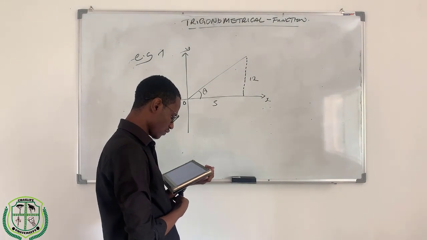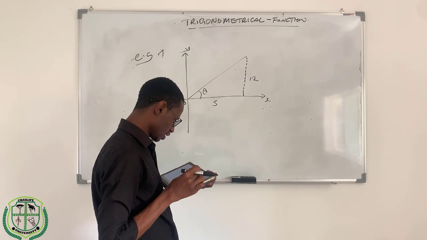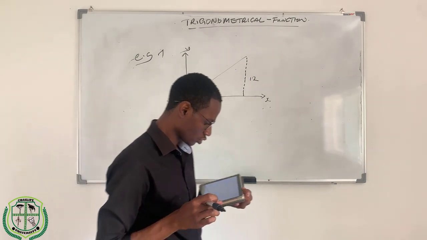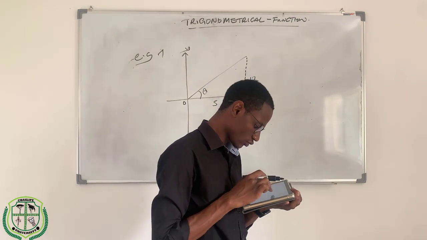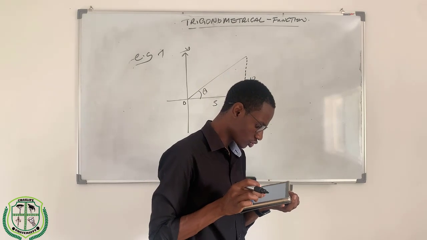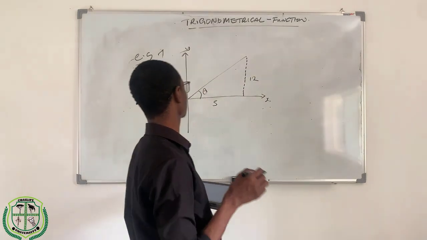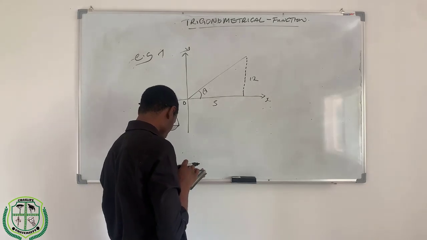Okay. So first of all, we can find the value of the six trigonometric functions. So what is the question? So the question is, find the value of the trigonometric ratio of angle, this angle here. Okay? You want to find the trigonometric ratio of this angle.